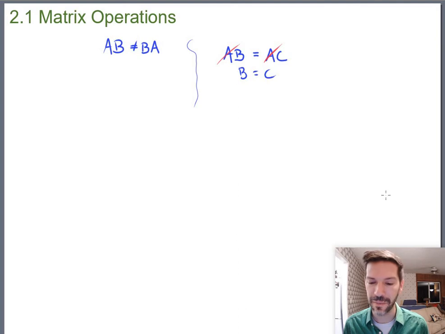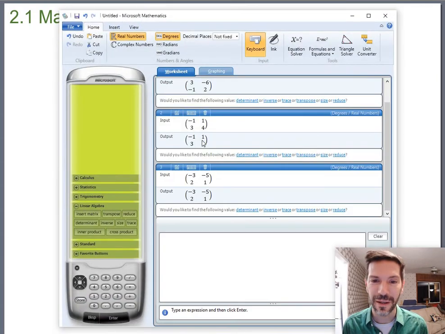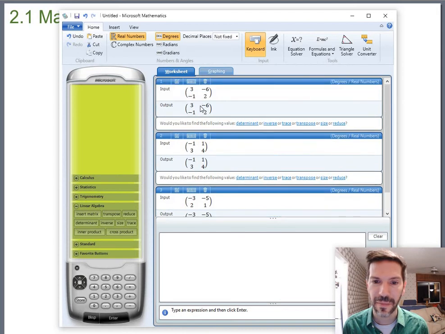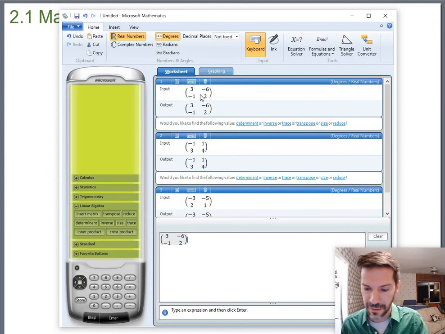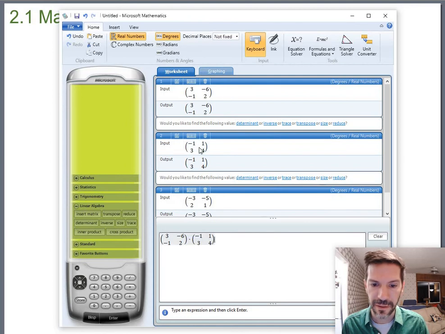And I am not trusting myself tonight to do any more matrix multiplications by hand, so I am going to let the calculator do them. So let's take a look at this matrix times this matrix.